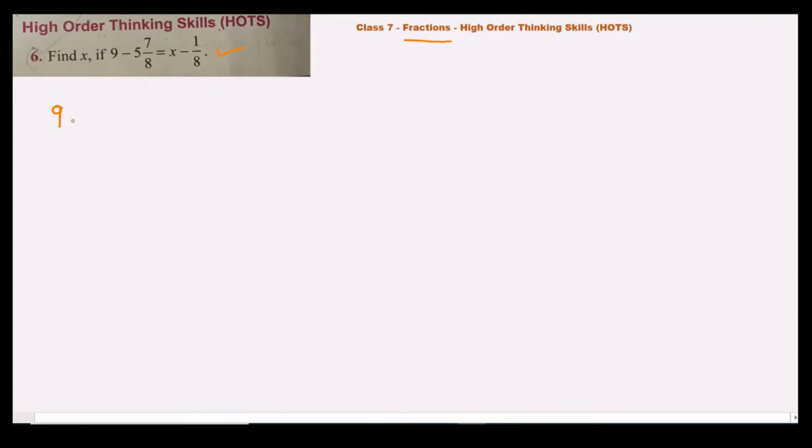The given equation is 9 minus 5 7 by 8 is equal to x minus 1 by 8. This is a mixed fraction, so I am converting this mixed fraction into an improper fraction. I think you may be knowing how to do it.